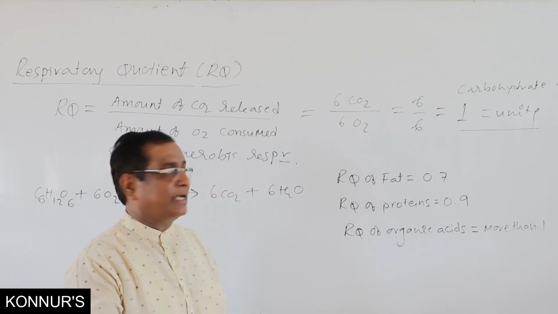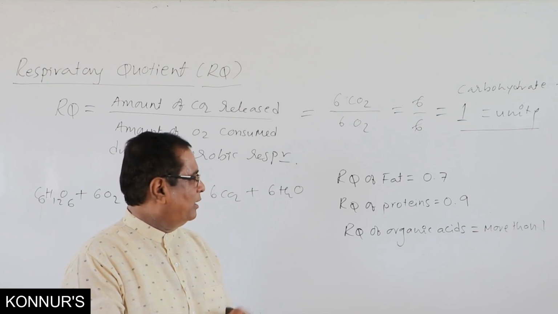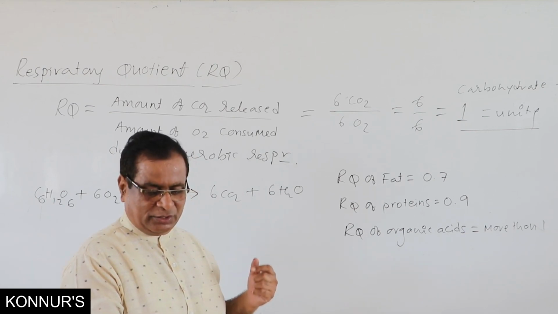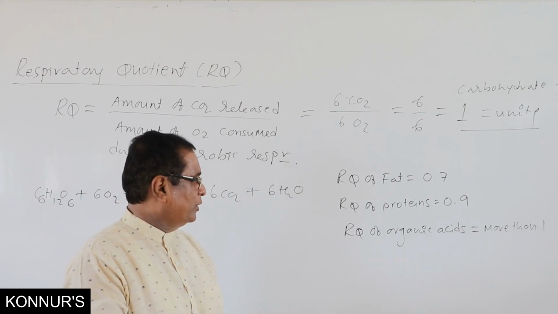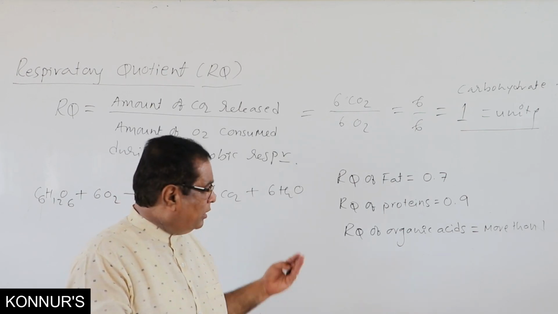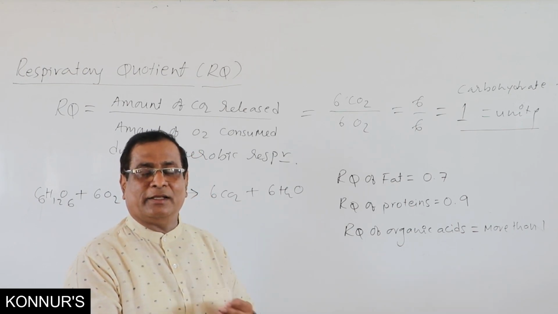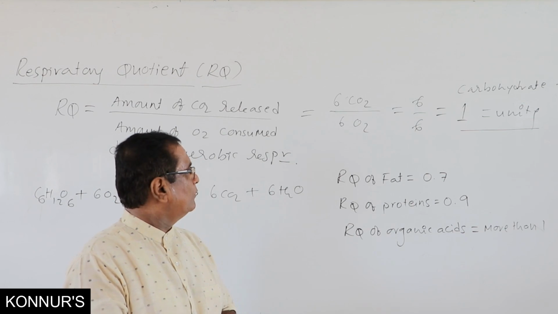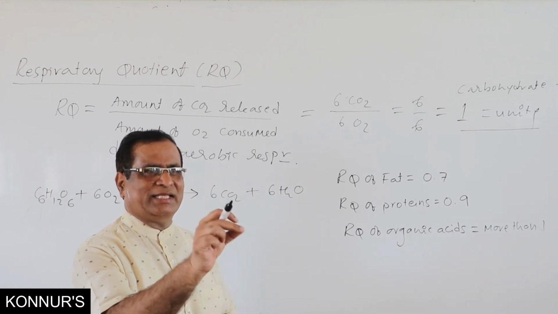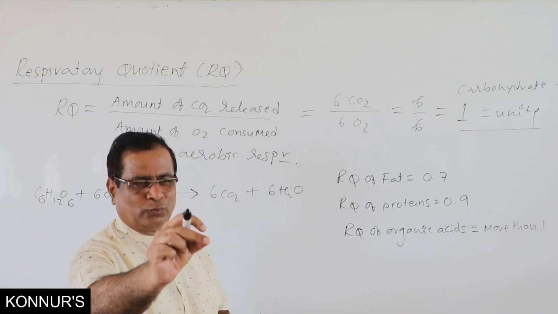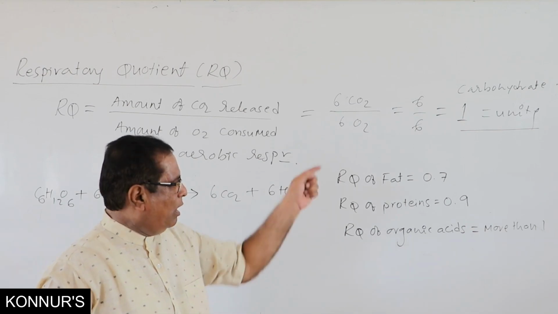Instead of asking directly, what is the RQ of carbohydrate? 1. What is the RQ of fat? 0.7. RQ of proteins? 0.9. Even RQ of organic acids is more than 1. They may ask in another way. For carbohydrate, the amount of CO2 released is equal to, not equal to, or more than the O2 consumed.